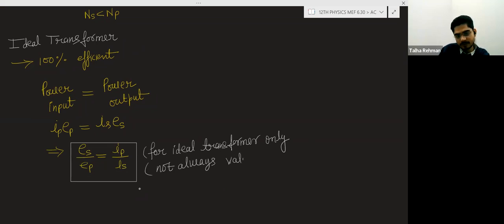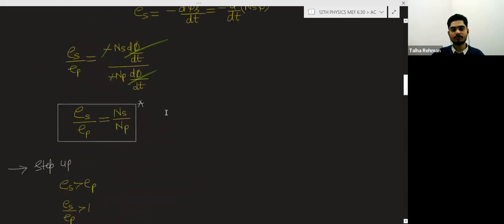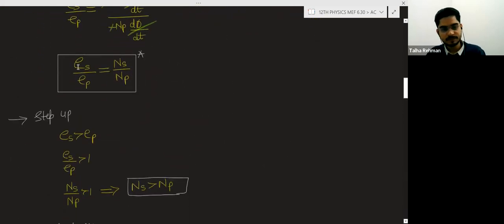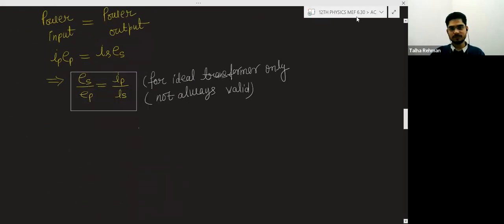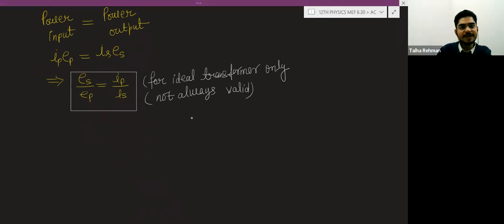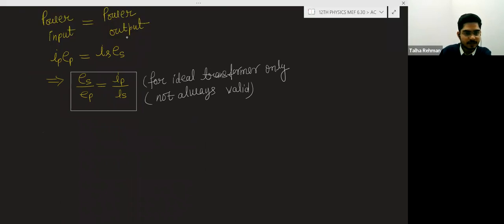So we have two relations. For the ideal transformer, ES by EP is equal to NS by NP, and this relation is always valid.